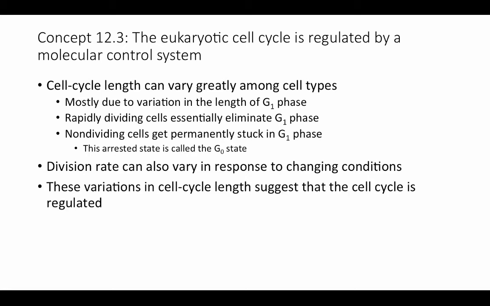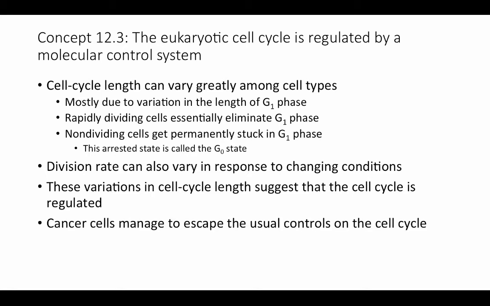So all of this variation suggests some form of regulation. Something must be matching the correct response to the correct conditions in some kind of regulation process. And we see the special case of cancer cells that manage to escape the usual controls, the usual regulations on the cell cycle, and just divide completely out of control. So let's take a look at how this happens.